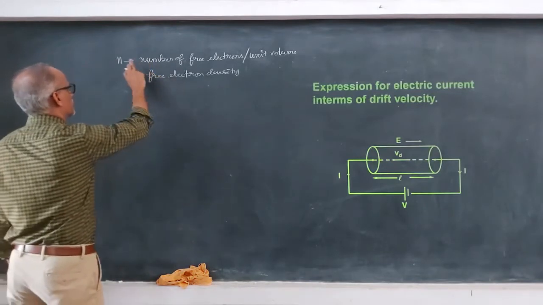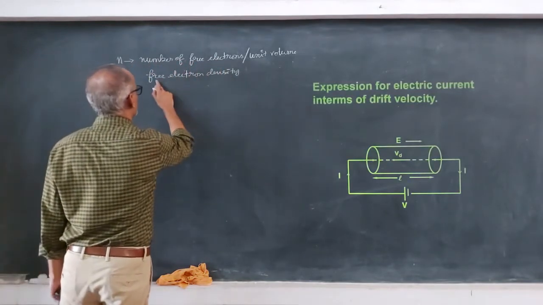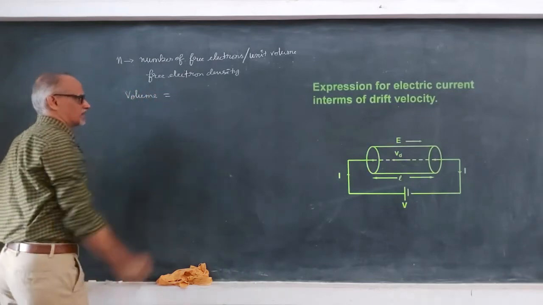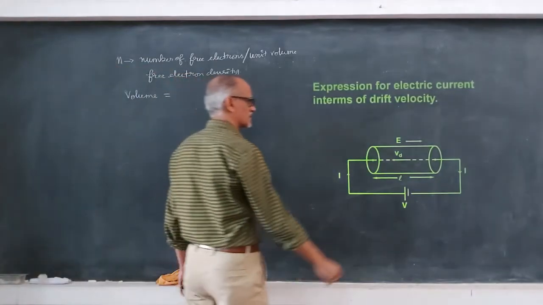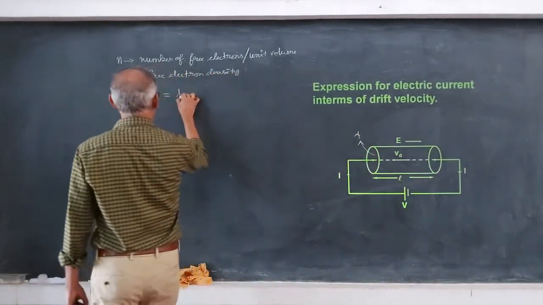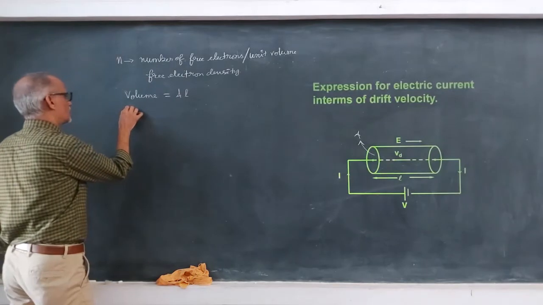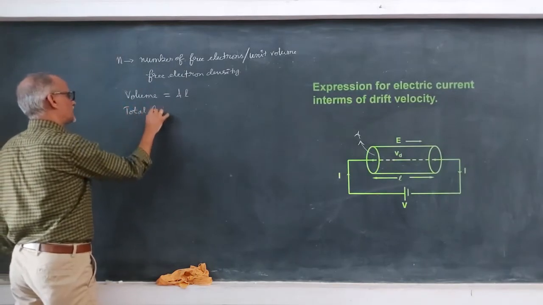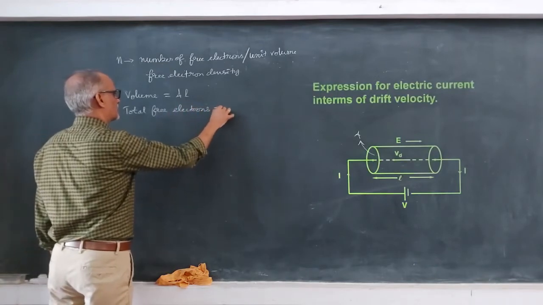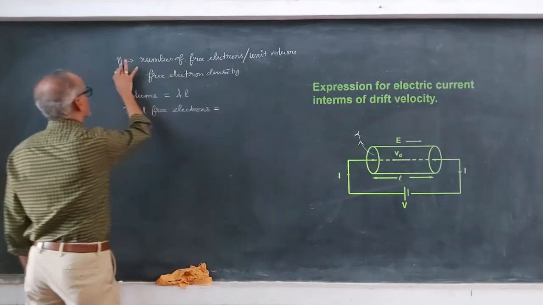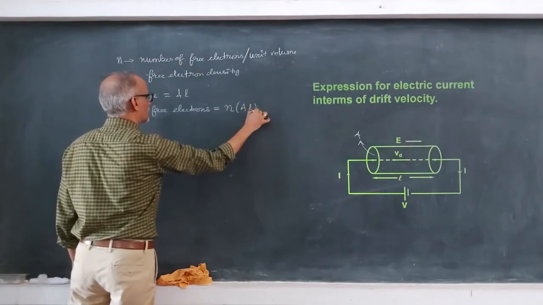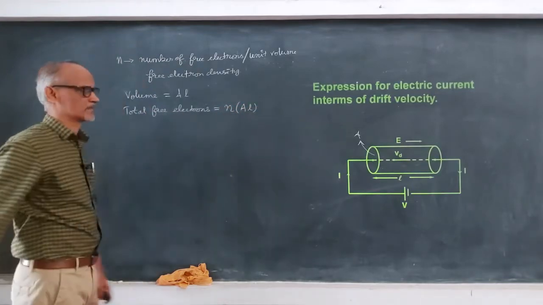So, if n is the number of free electrons per unit volume, then what is the total volume of the conductor? The total volume of the conductor is A, the area of cross section, into the length, so AL is the total volume. Now, what are the total free electrons? The number of free electrons per unit volume into the volume will give you the total free electrons, nAL.